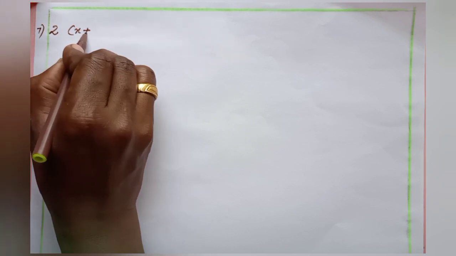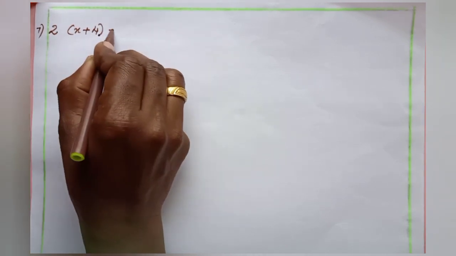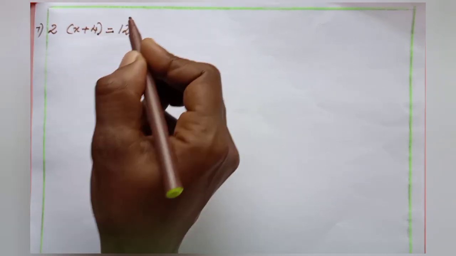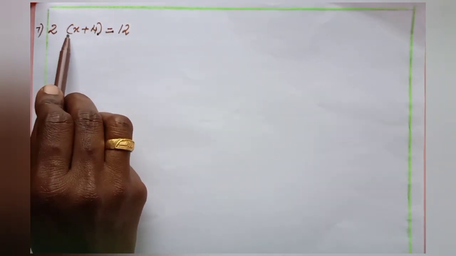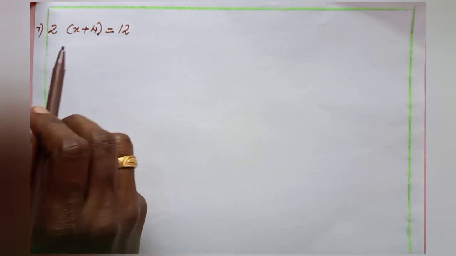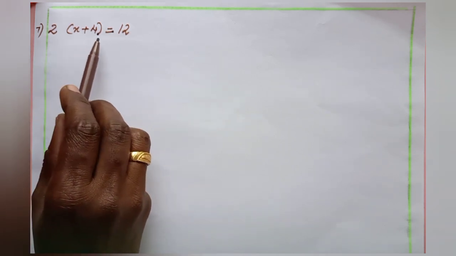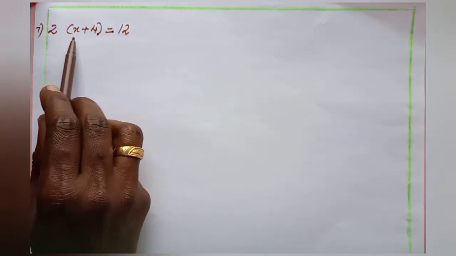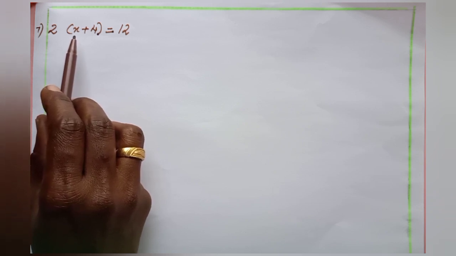The next question. Question number 7 is 2 into x plus 4 equal to 12. Okay? This reads as 2 into x plus 4 equal to 12. So this is an equation containing the equal sign and the variable x.